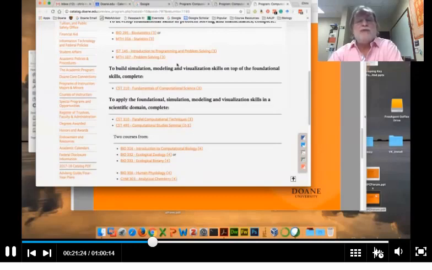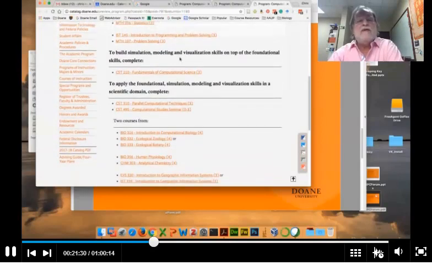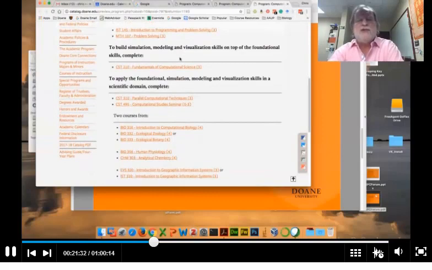Okay, so then building on that, we have the fundamentals of computational science course, which is meant to develop a student's ability to think in terms of simulations, modeling, visualization, using computational tools.